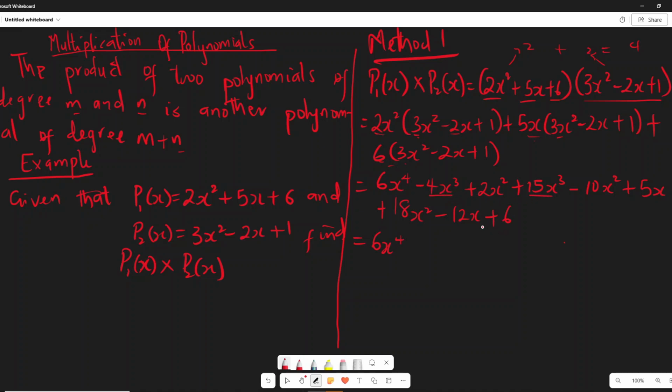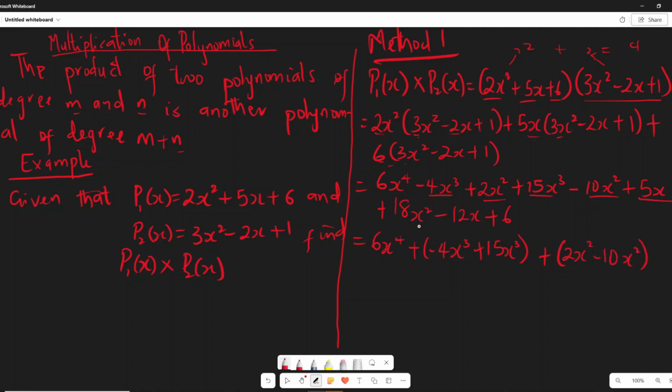We also have a like term there, so we'll write plus minus 4x cubed plus 15x cubed. We could also just say minus 4 plus 15 and then write x cubed at the end of the brackets. It doesn't matter. So plus, now we have 2x squared and minus 10x squared.